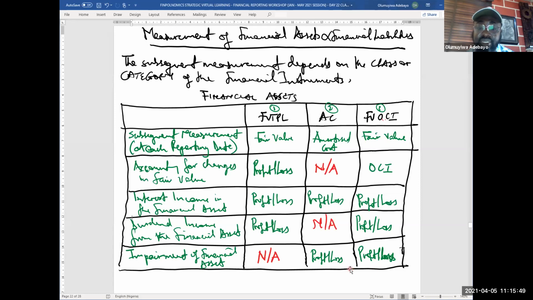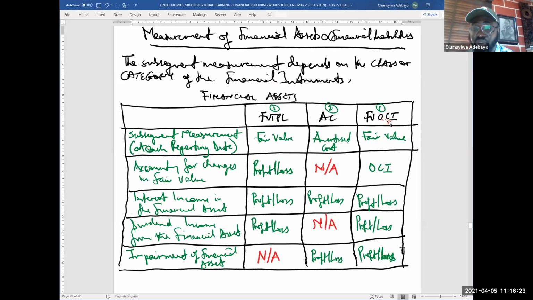Why? Though partially it is because it is fair value, the impact of the fair value, especially with respect to the loss, would have been reflected in your profit or loss, which is the same place impairment loss is supposed to go to, which means the fair value loss is an indication of an impairment for an asset that is measured at fair value to profit or loss.